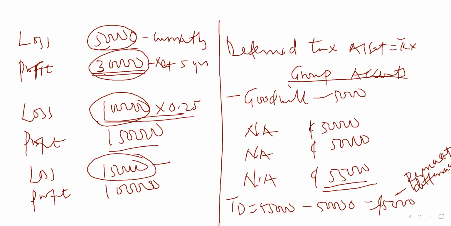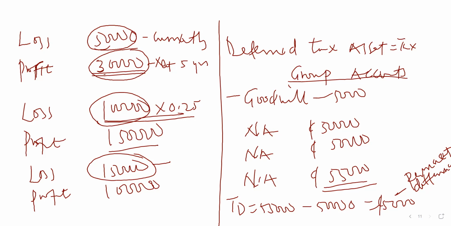The difference caused over there is a permanent difference, and we don't consider permanent difference for deferred tax purposes. So the goodwill will be included in the assets of the subsidiary, but the difference caused by the goodwill is a permanent difference. Therefore, there is no deferred tax implication.